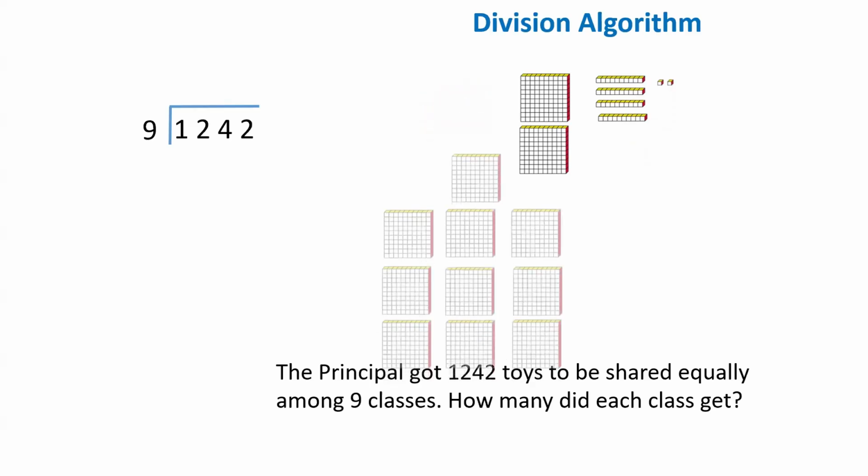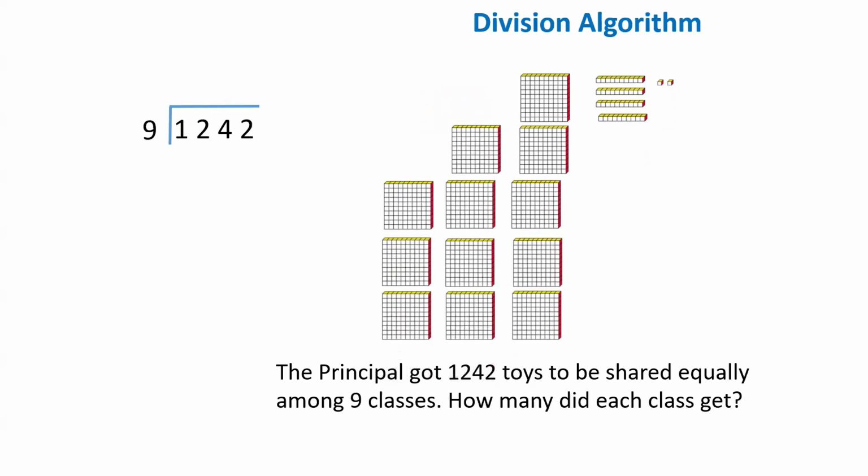Of course, we can't get 9 in a group of 9 with the cubes, so we have to replace the cube or regroup it, break it up if you wish, into 10 squares. So how many squares do we have in all now? 10, 11, 12. There are 12 squares or 12 hundreds.